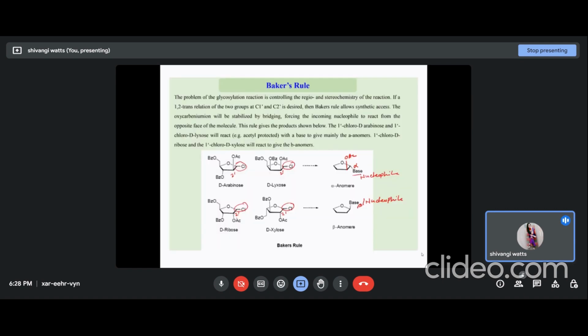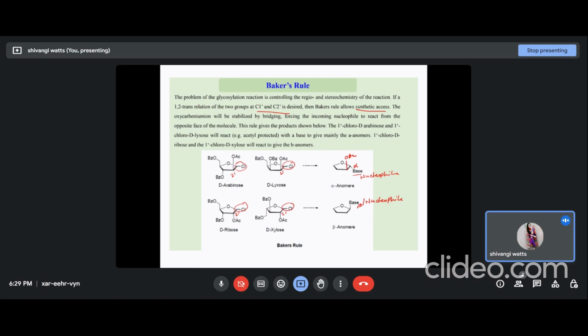So this is Baker's rule. In Baker's rule, what they are saying is that the problem of the glycosylation reaction is controlling the regio- and stereochemistry of the reaction. If a 1,2-trans relation of the two groups at C1 and C2 is desired, then Baker's rule allows it.